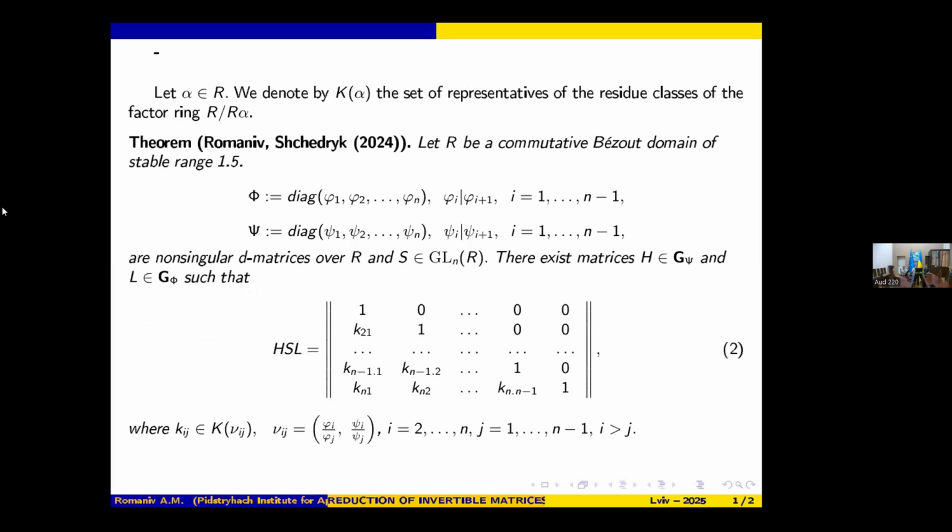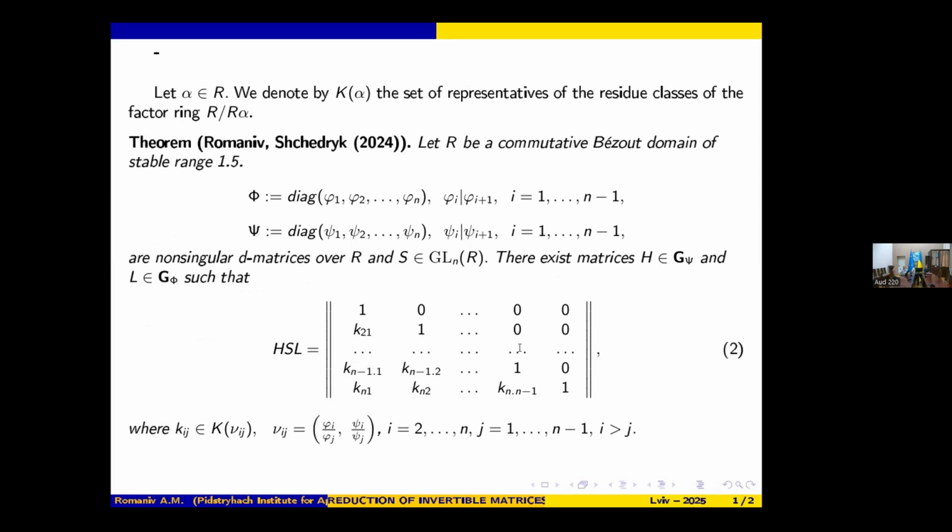The next result shows the simple form of invertible matrices. Let R be a commutative Bezout domain of stable range 1.5. Then there exist matrices H and L such that we have the next form.